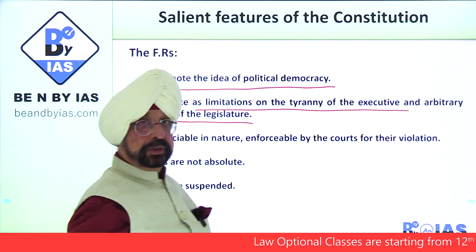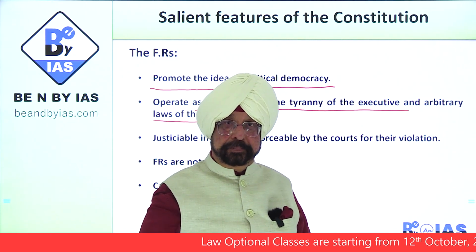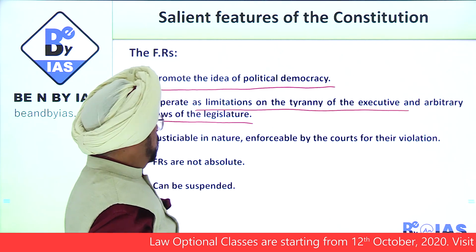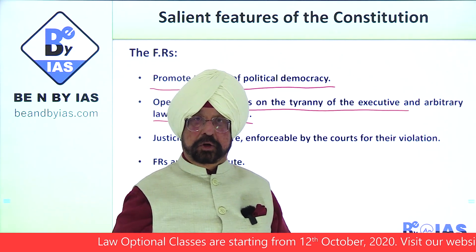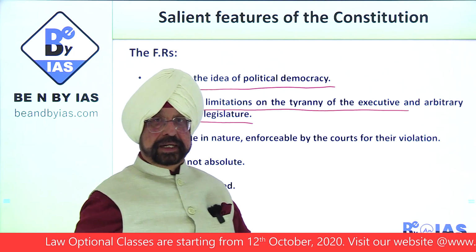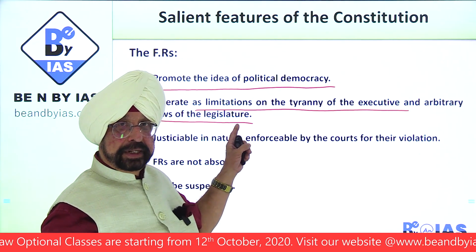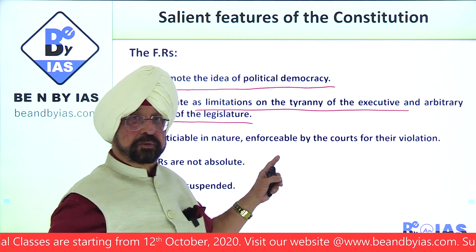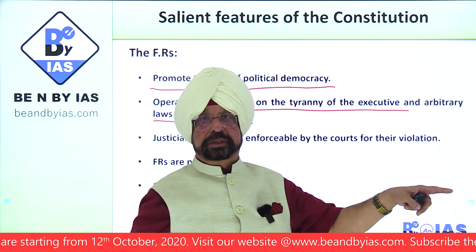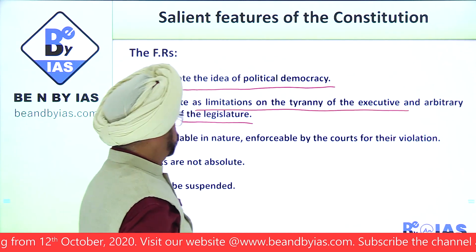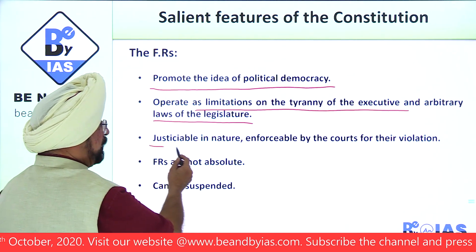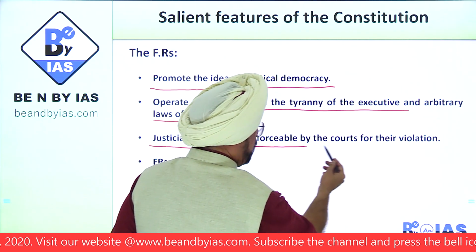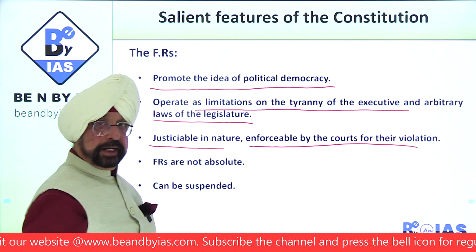That means the executive is not given a free hand. The legislature cannot pass arbitrary laws, and the check is through fundamental rights, because if the fundamental rights are violated, there is a process of judicial review. They are justiciable in nature, enforceable by the courts for their violation.